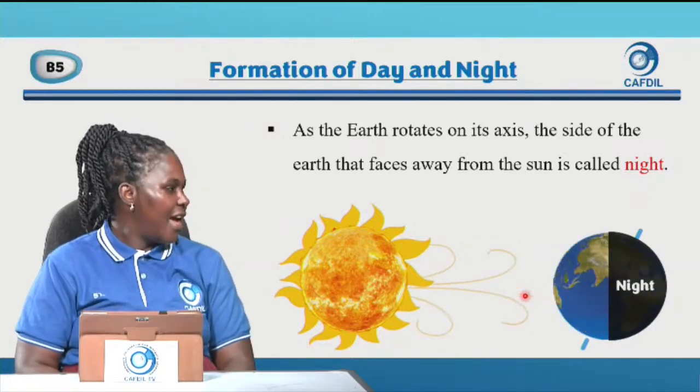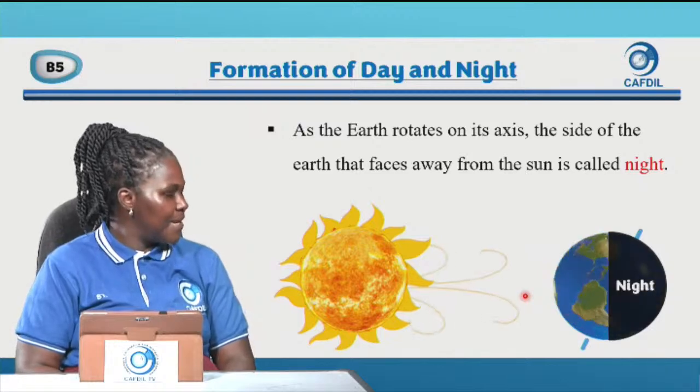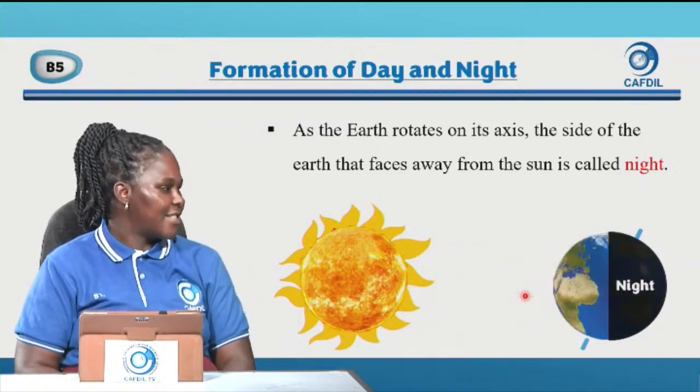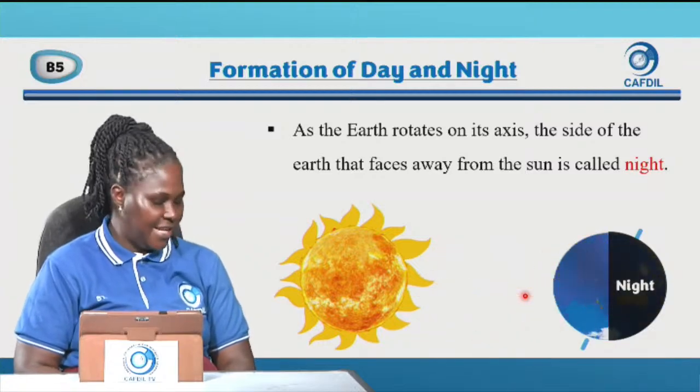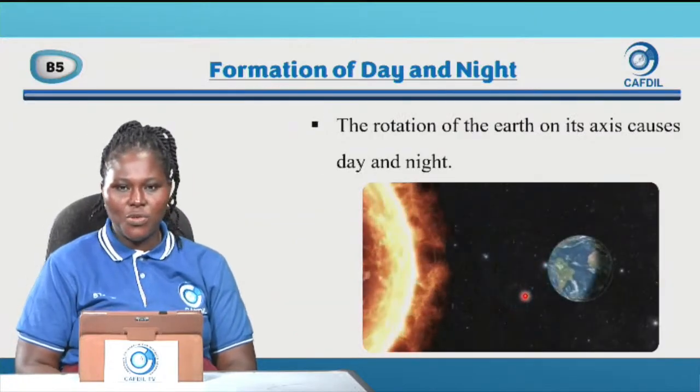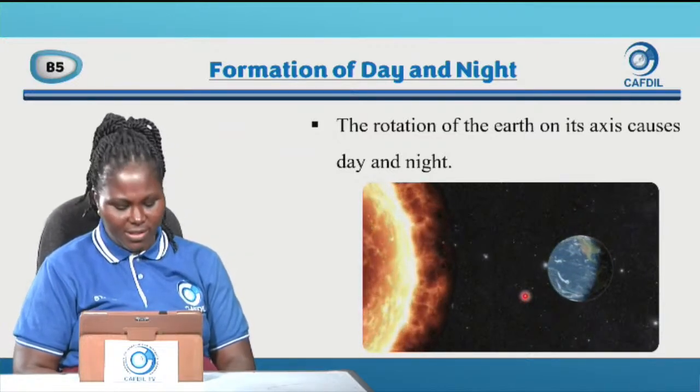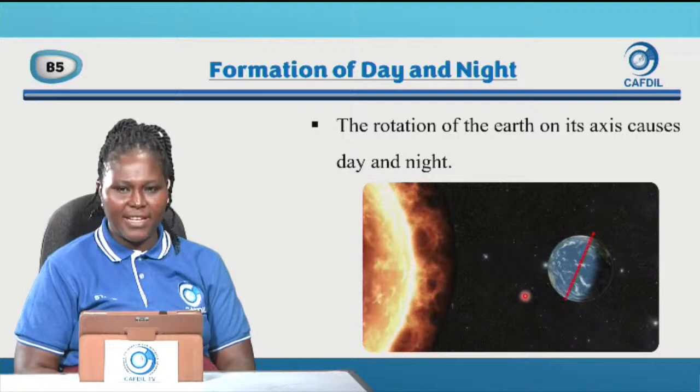And those at the bright place facing the sun have the daytime. They experience the day. So the rotation of the earth on its axis causes day and night.